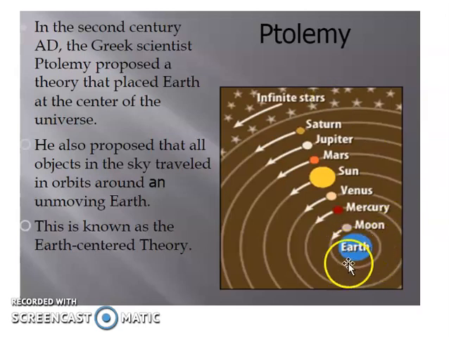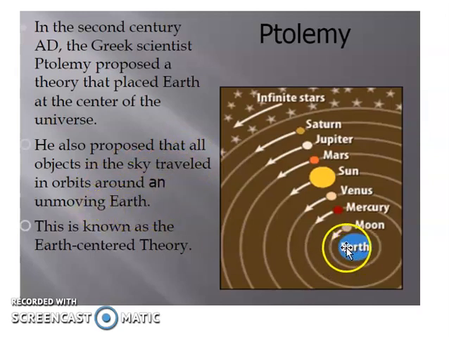Ptolemy believed and proposed a theory that the earth is the center of the universe, and then the moon and the other planets are the ones moving and orbiting in the universe. He also proposed that all objects in the sky travel in their orbits around an unmoving earth.